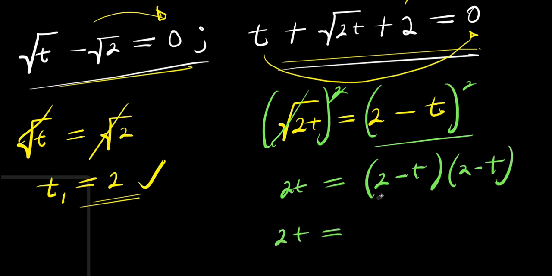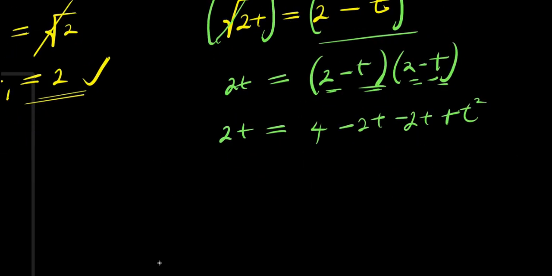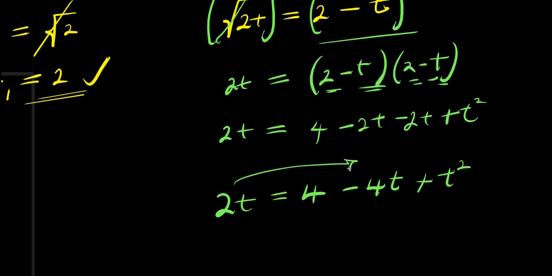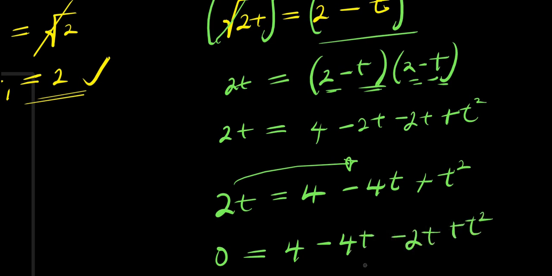So I have 2t equals 2 times 2, that is 4, 2 times minus t, minus 2t, minus t times 2, minus 2t, minus t times minus t, plus t squared. From here, I have 2t equals 4 minus 4t plus t power 2. So I move this over here. I'll have 0 equals 4 minus 4t minus 2t plus t power 2.